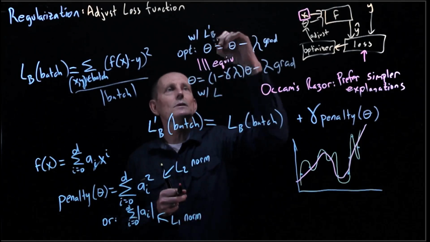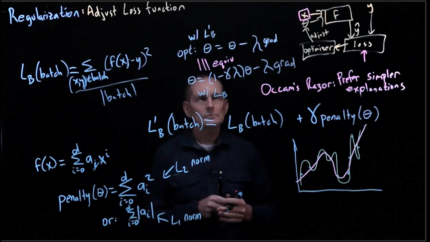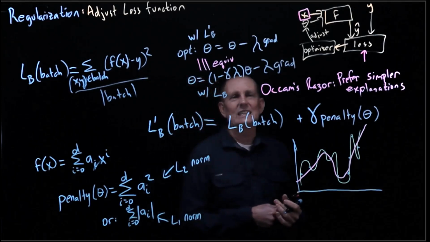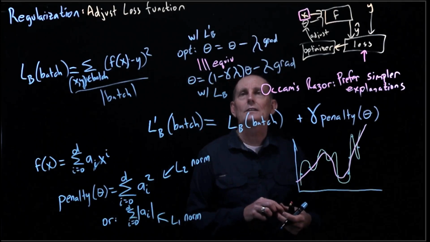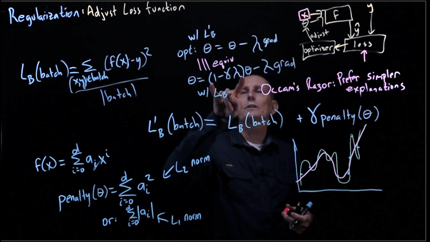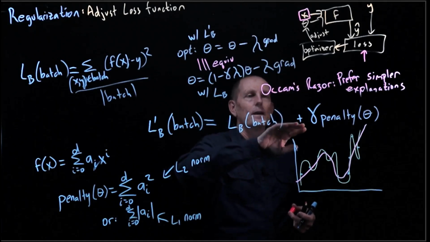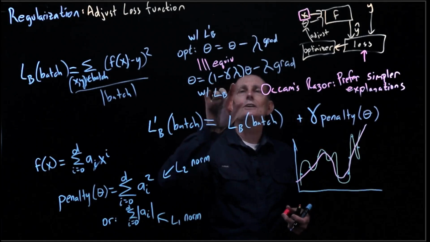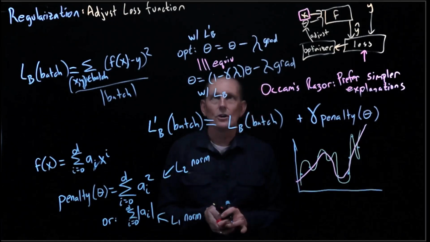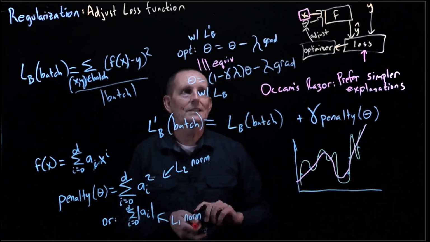So this is with L prime B, and this is with L B. This is a simple matter of algebra to get us here. But what I just want you to note here is that it is equivalent to use an L2 norm with a penalty as it is to doing this, which is called weight decay.